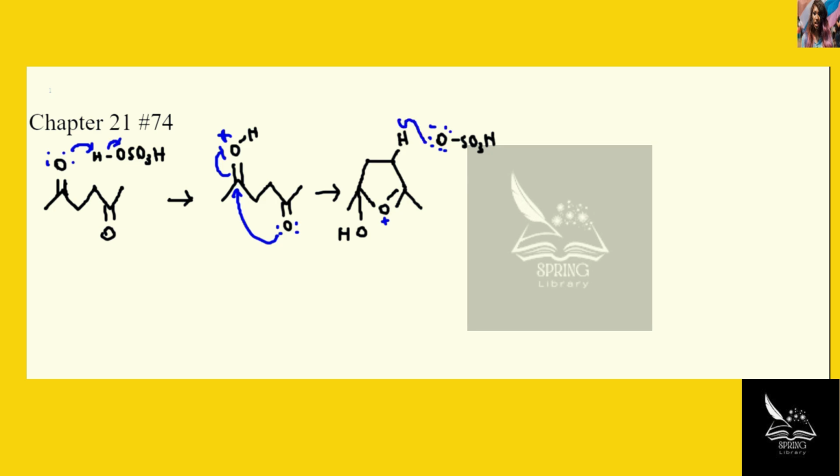And one of those lone pairs is going to grab that hydrogen, and those electrons will go to form a new double bond there, and these electrons will revert to the furan oxygen. After those 3 arrows, we are going to be at this intermediate.